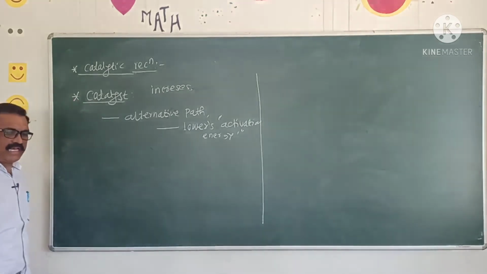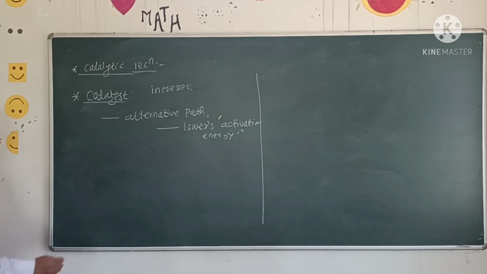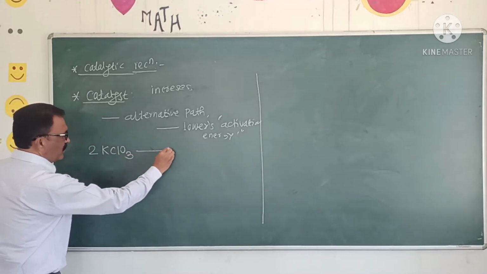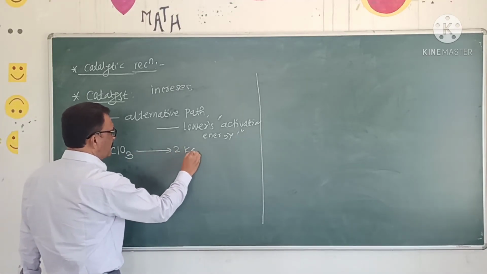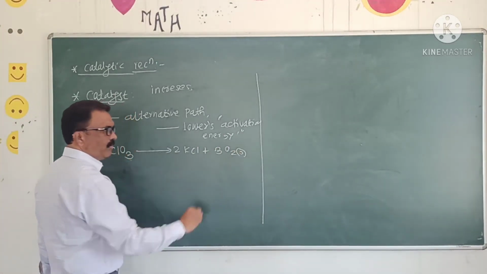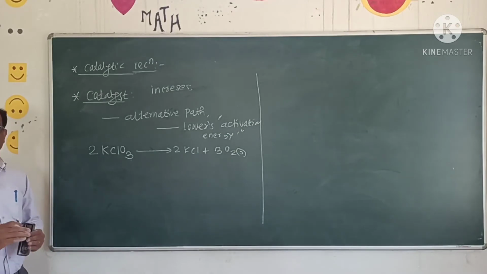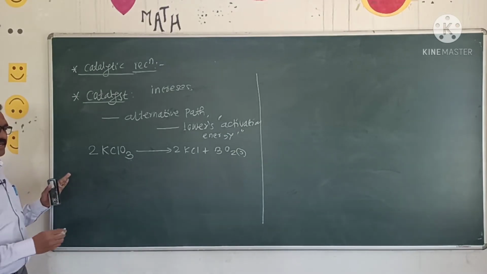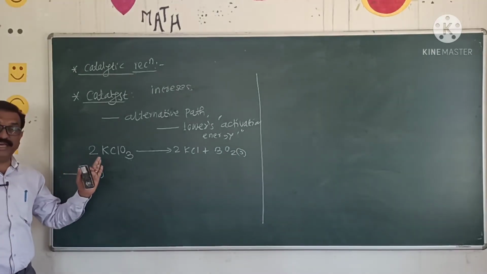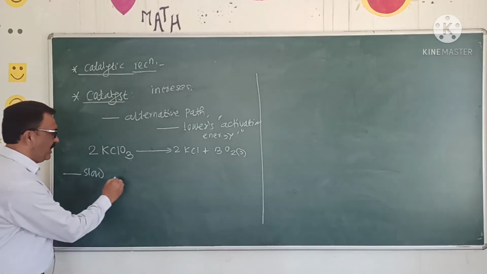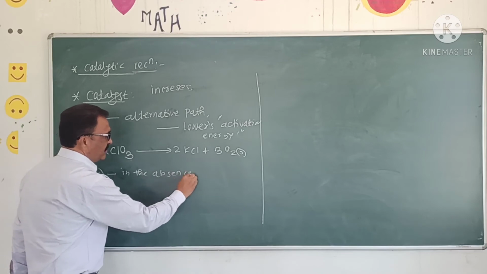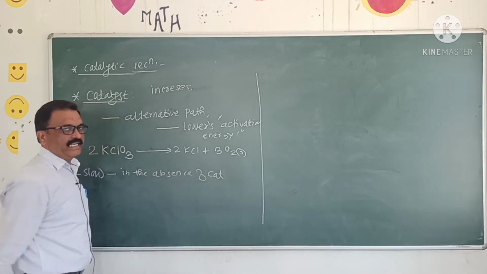For example, consider the decomposition of KClO3. 2KClO3 gives 2KCl plus 3O2 gas. At room temperature, the rate of reaction is very low. That is, the reaction is very slow at room temperature in the absence of a catalyst.